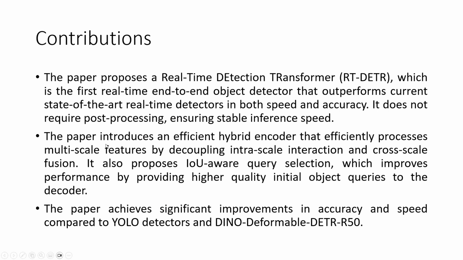And this paper mainly introduced an encoder, which they call a hybrid encoder, which can efficiently process multi-scale features by decoupling intra-scale interaction and cross-scale fusion. Because of that, it's more efficient and can catch features much better compared to other encoders, while processing much less data.